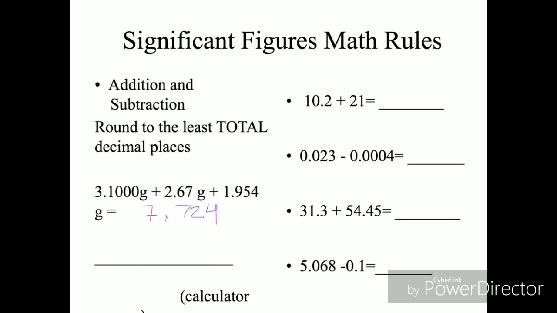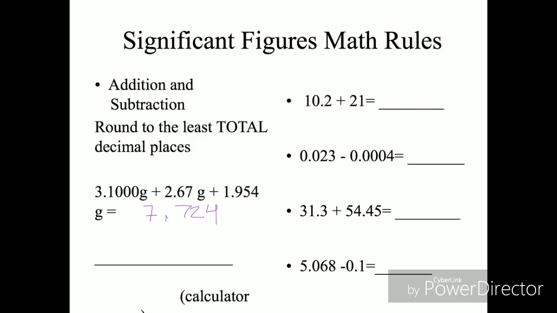So when we look at this addition problem here, what we'll notice is that we have different instruments being used for the measurement of these 3 grams. This instrument is least precise or has the least number of decimal places, so we want our final answer to have no more decimal places than our worst measurement.